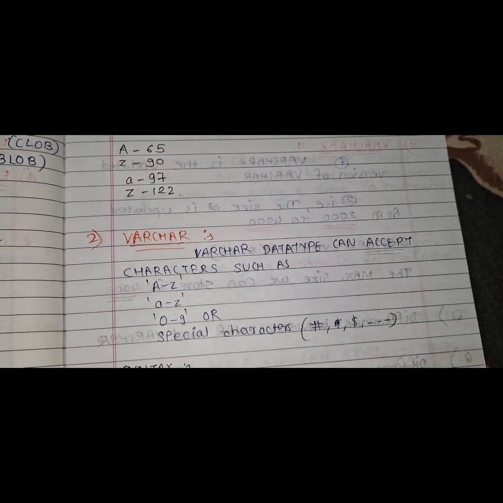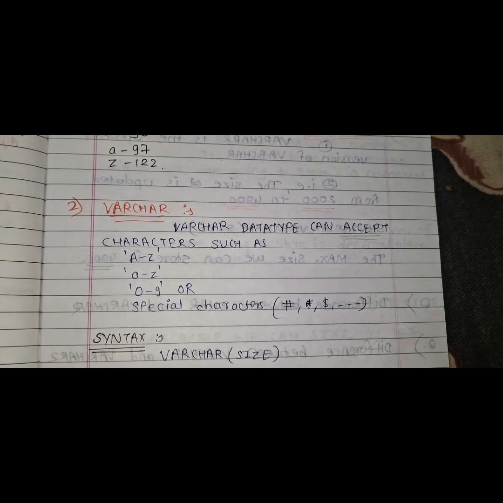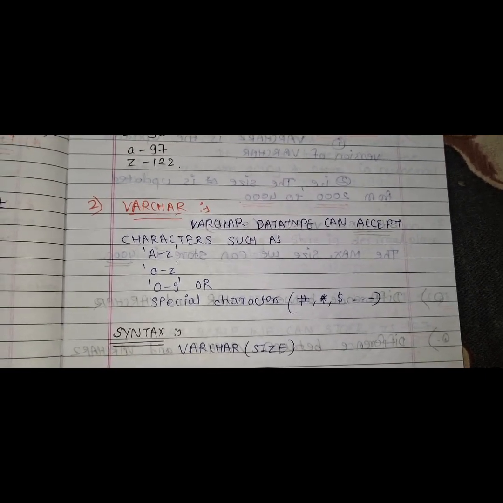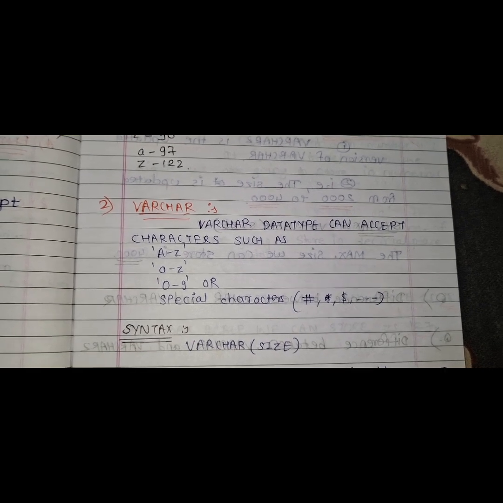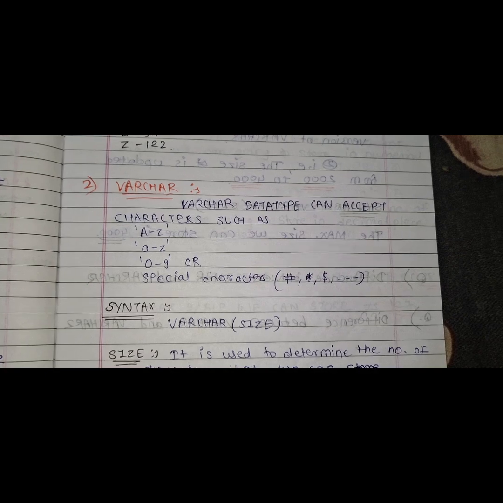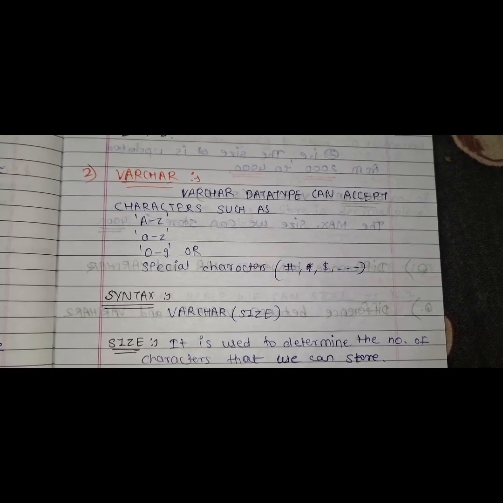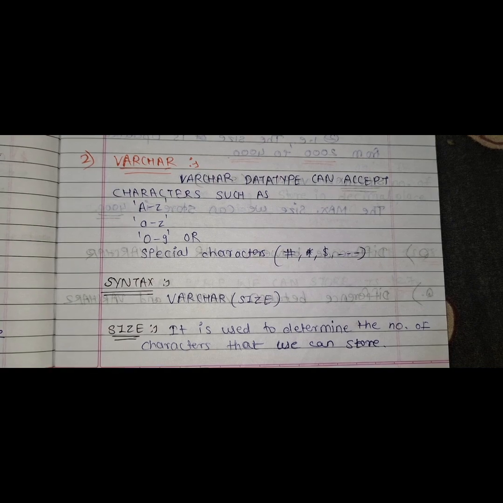Let's understand varchar in detail. The varchar data type can also accept characters such as capital A to Z, small a to z, 0 to 9, or special characters. Char and varchar are both similar, but there is a slight difference in the size. Syntax is also the same as char. Instead of char we are using varchar here.